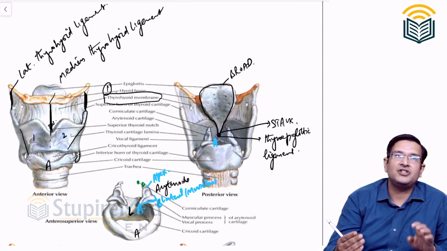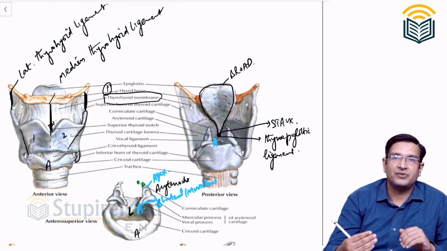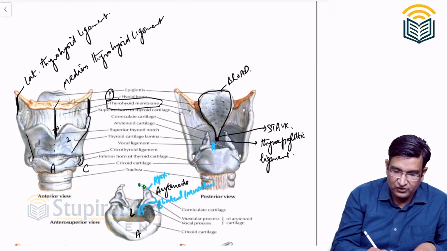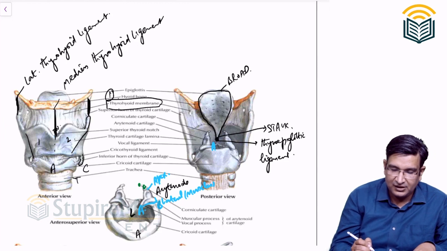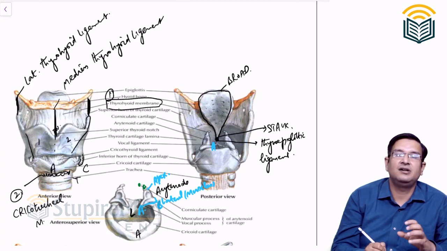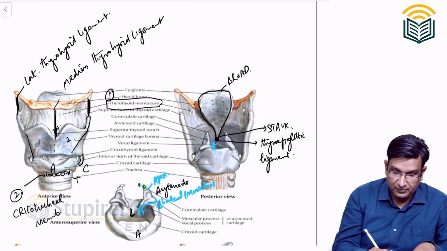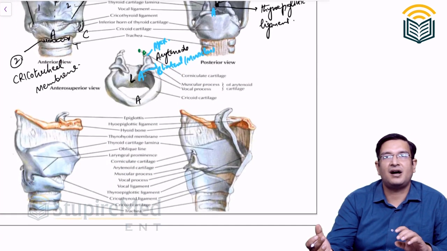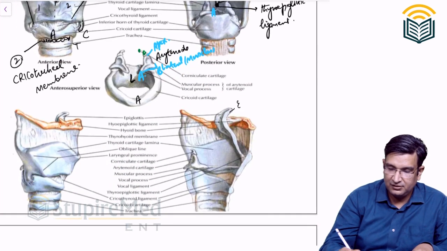The second membrane connects the cricoid with the trachea. So this is the cricoid, this is the trachea. This is called the cricotracheal membrane. The third membrane connects the epiglottis with the hyoid bone. So this is the epiglottis, this is the hyoid bone.